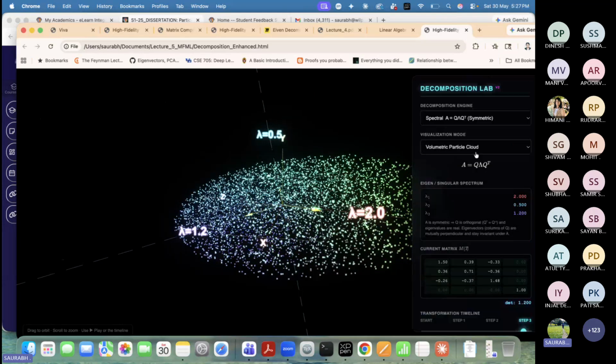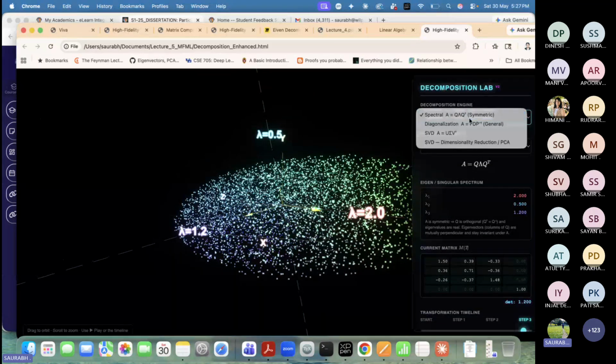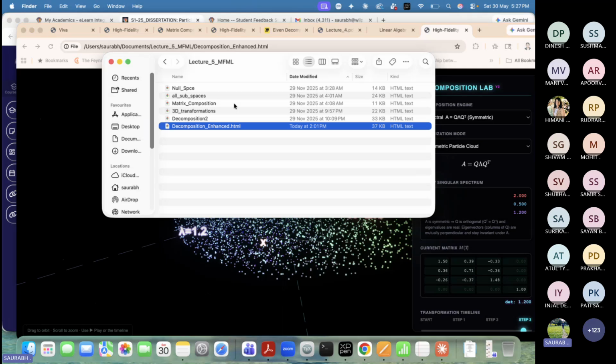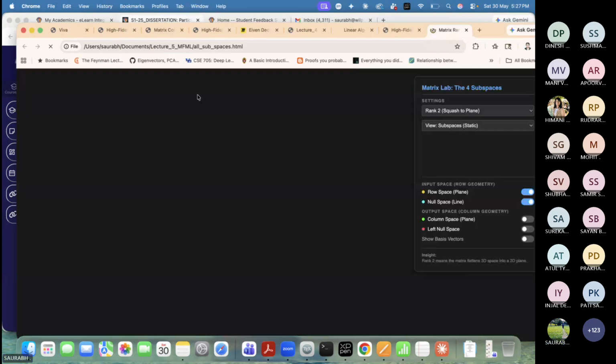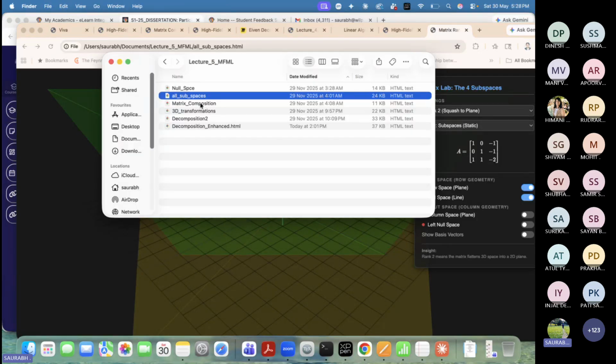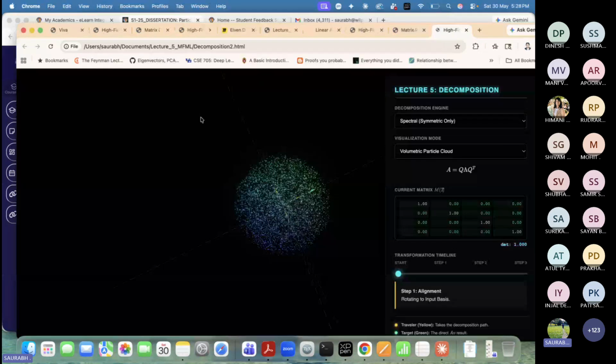I don't know whether I have that. Okay, let me show it to you here. Matrix composition, decomposition.